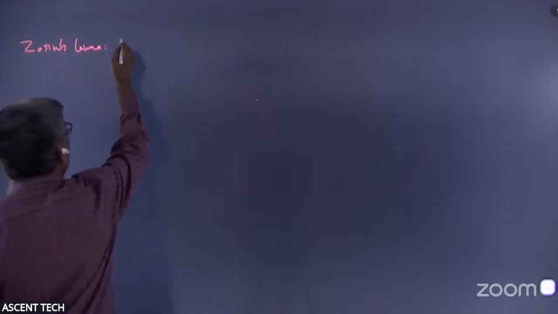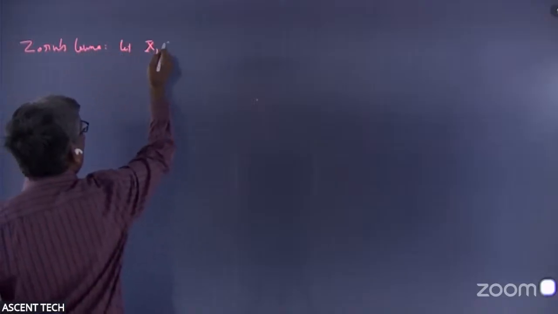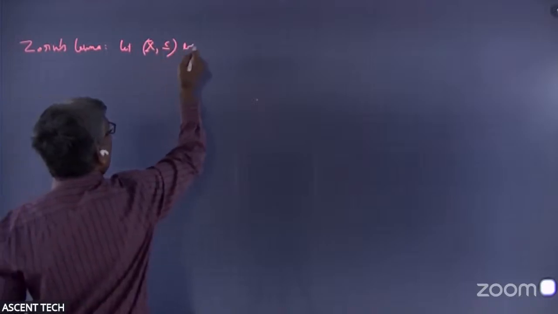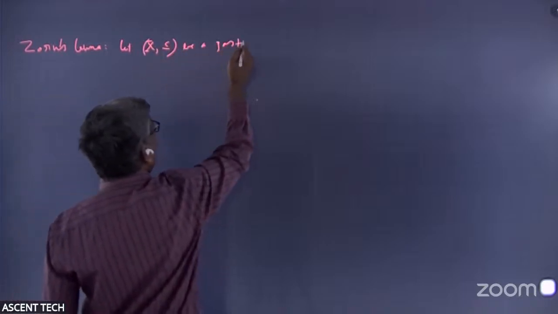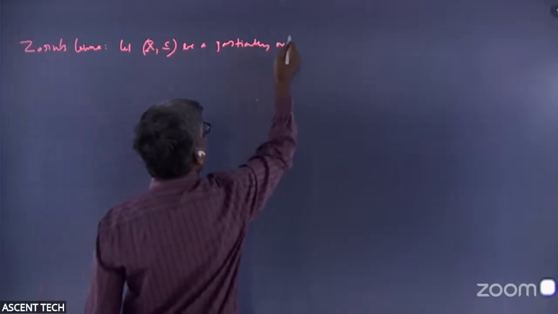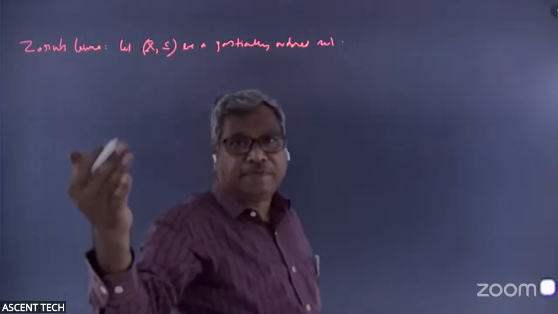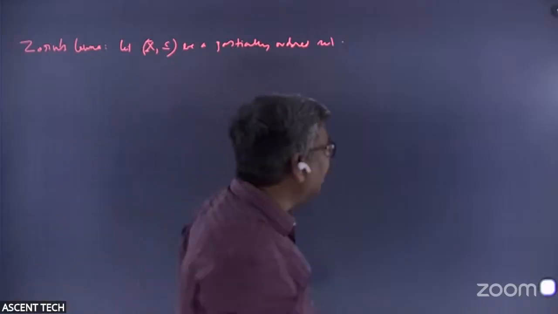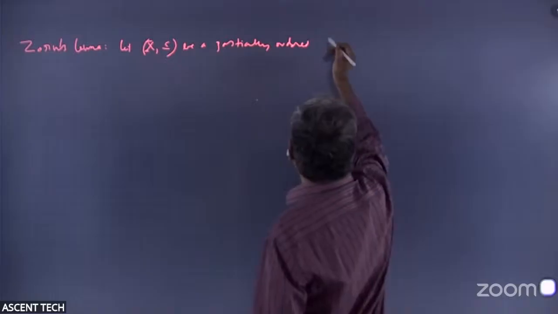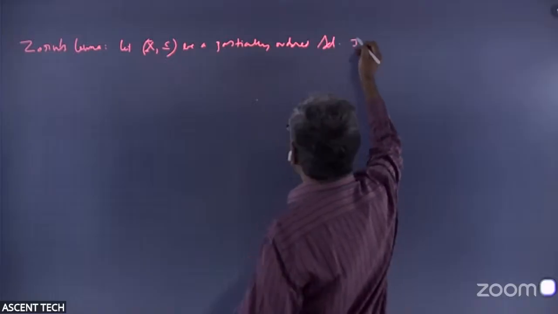Okay, let (X, ≤) be a partially ordered set. I didn't talk about upper bound. It's very easy for you to understand what I mean by upper bound, right? I had not defined that separately.